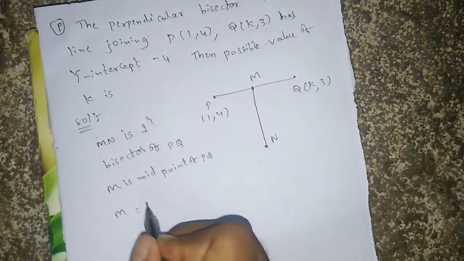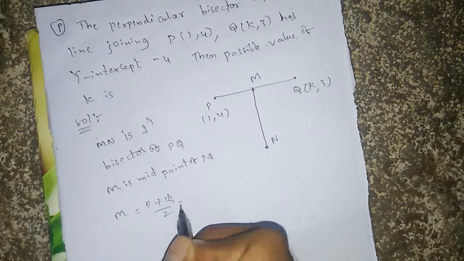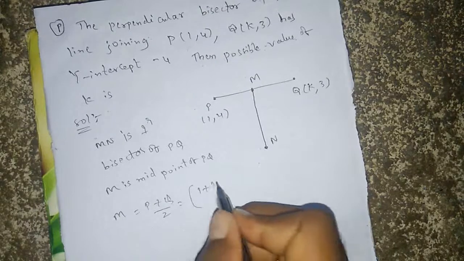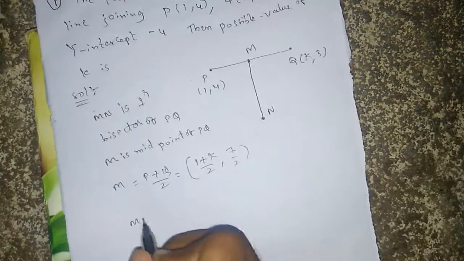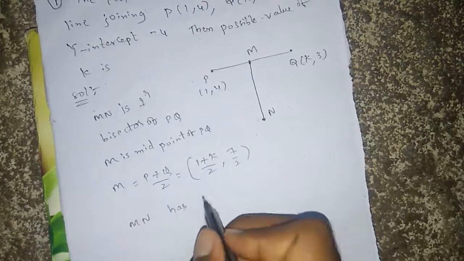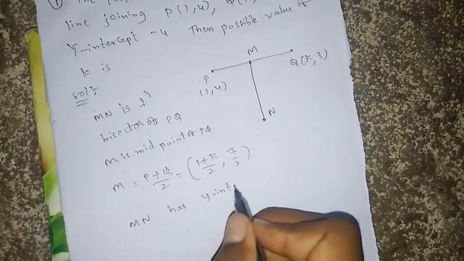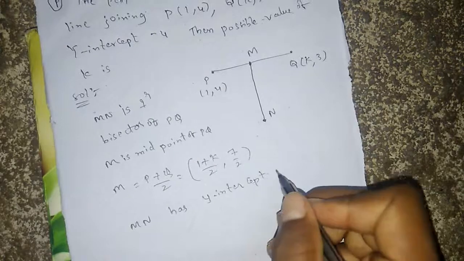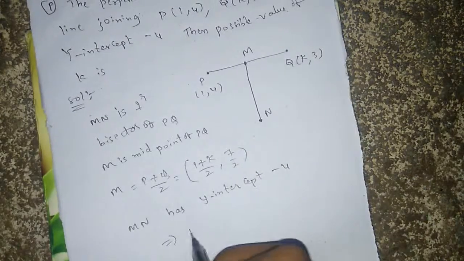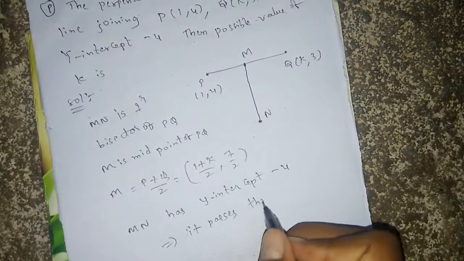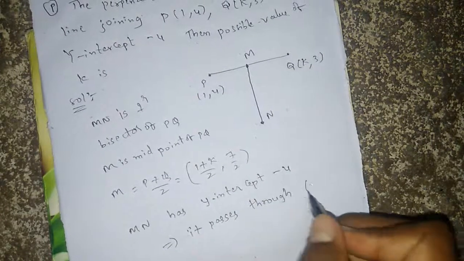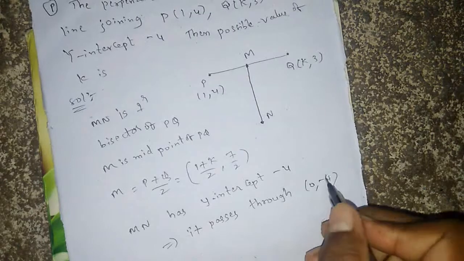Therefore M is (P plus Q) by 2, that is (1 plus k by 2, 7 by 2). Now MN has y-intercept minus 4, implies it passes through (0, minus 4).